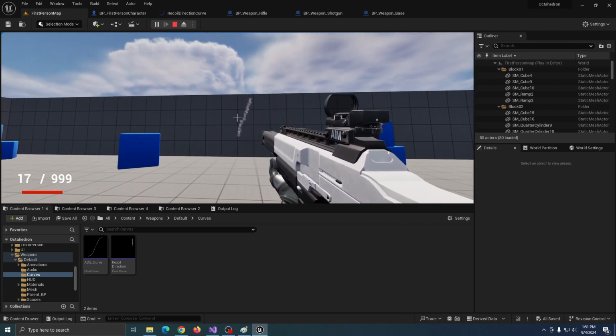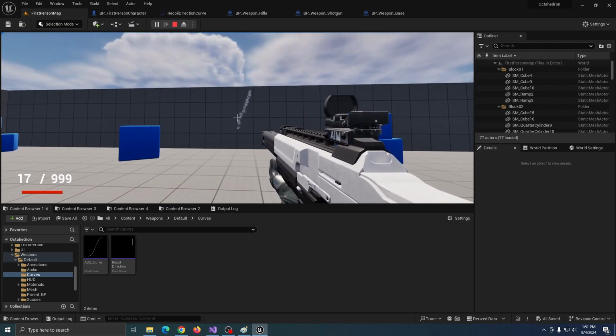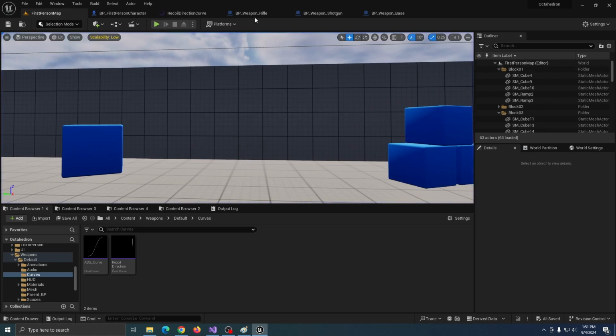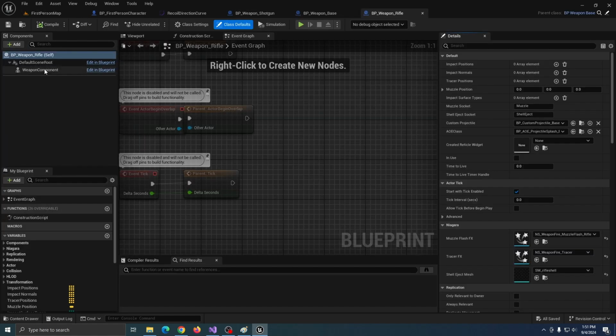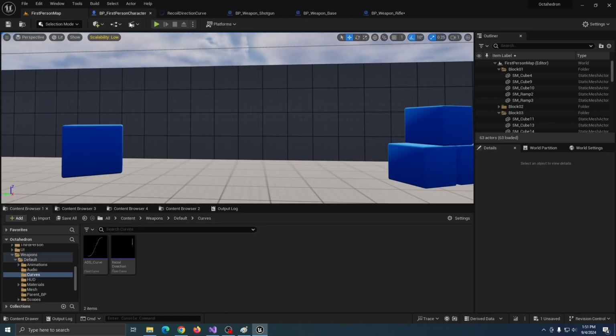So there is that yaw recoil, and the reason why it's going to the right is because the rifle has a recoil stat of 80, which, if you remember, tilts to the right. If we instead go to 70, then it's going to go to the left.